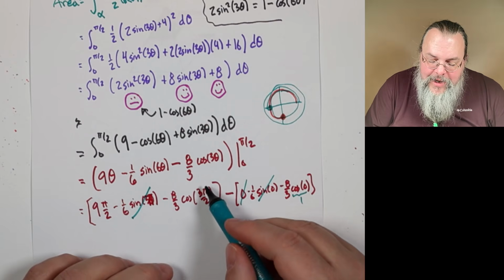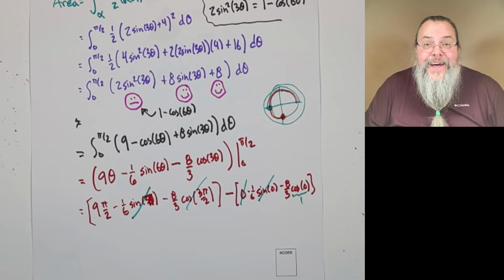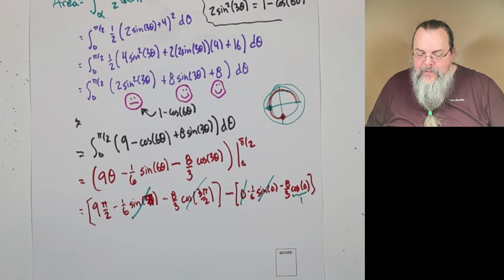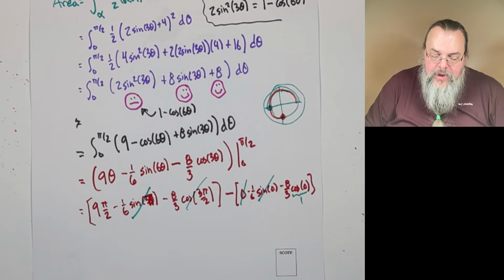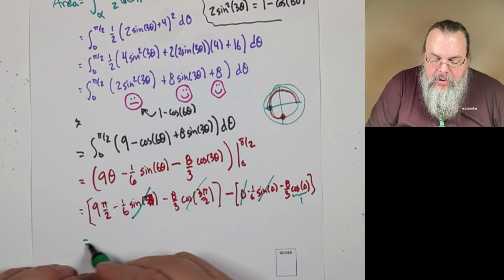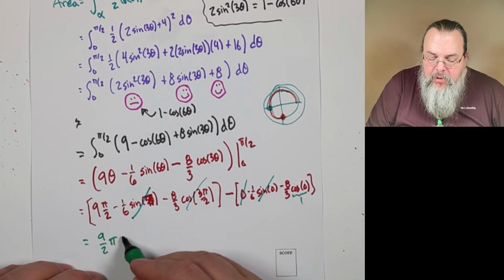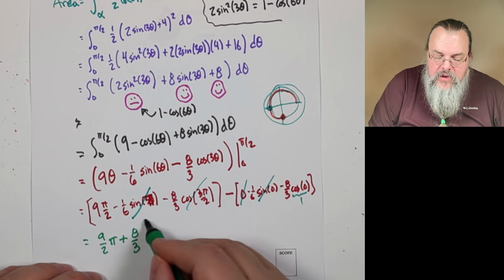Phew, I thought it might not go away, but it does. Nice! Yay us! All right, cool. The x-coordinate at the angle 3 pi halves is 0. So that leaves us with 9 halves pi minus minus plus 8/3.